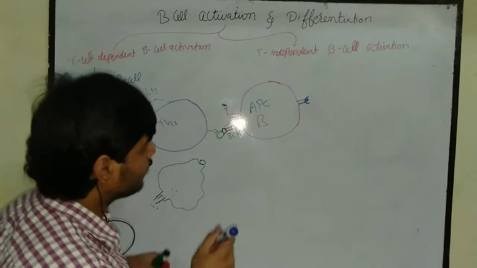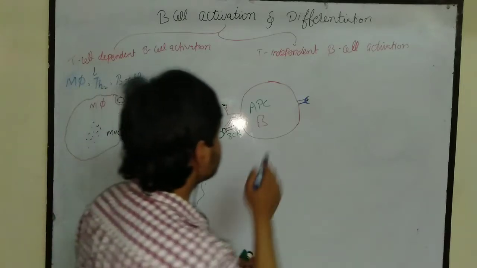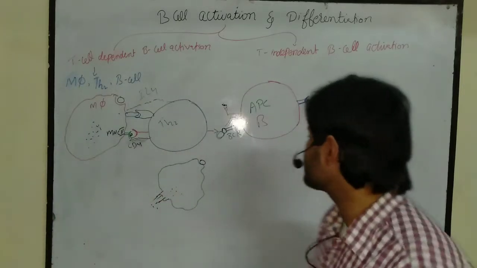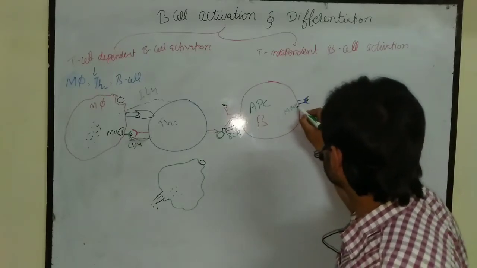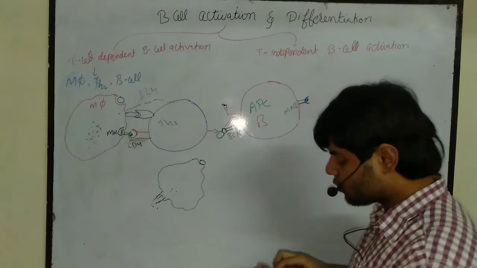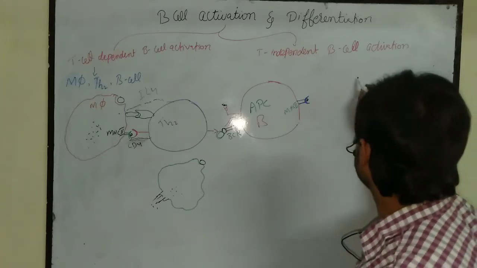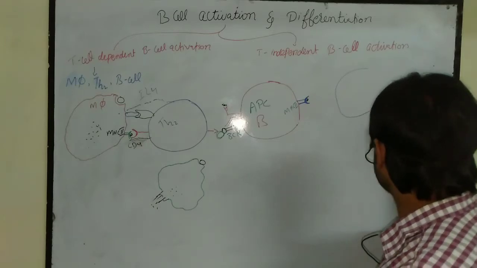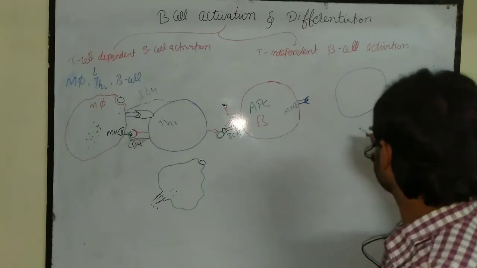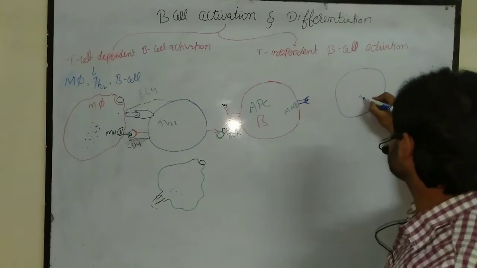They recognize this receptor molecule, which is MHC2. So let's suppose this is the T cell, and this is the T helper cell 2.